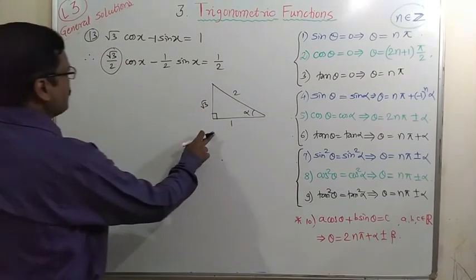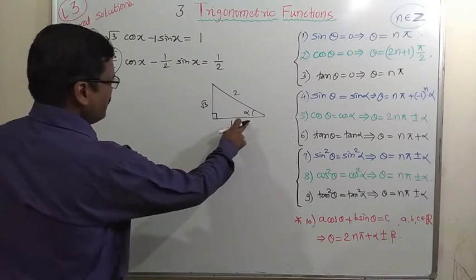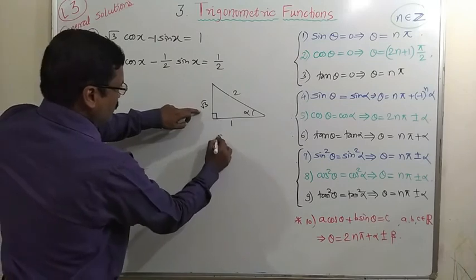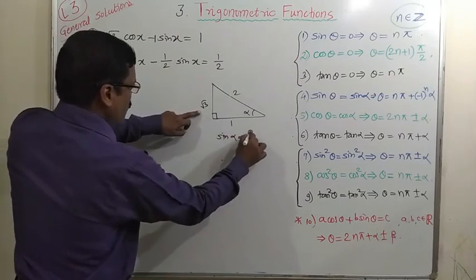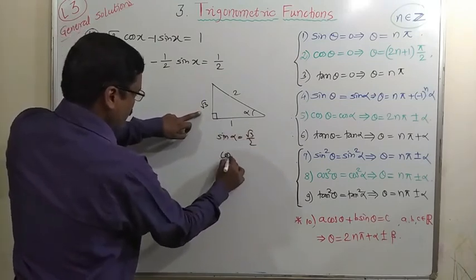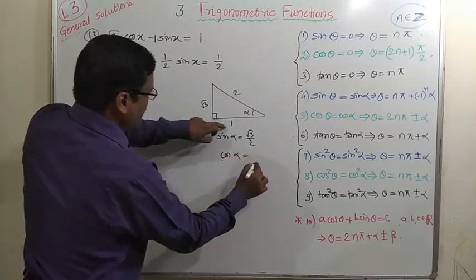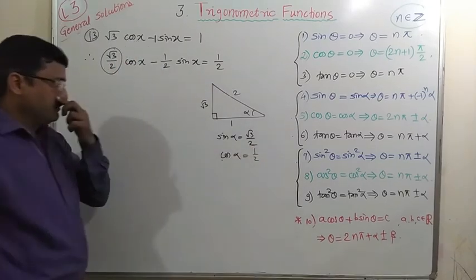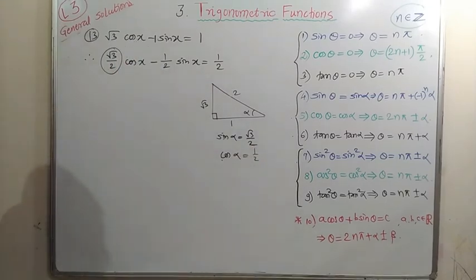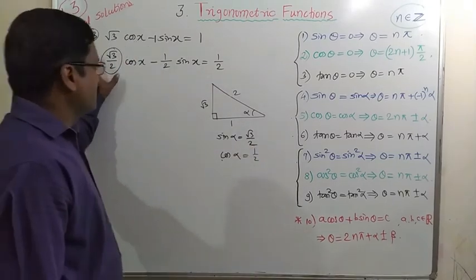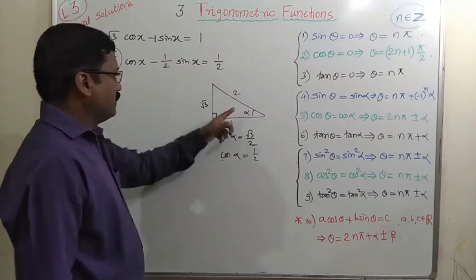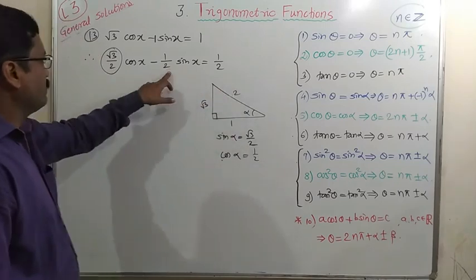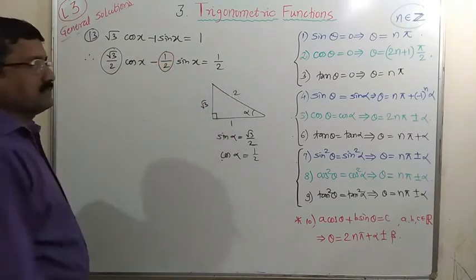In this figure we get sin alpha is equal to root 3 upon 2, and if you find cos alpha, then it will be adjacent upon hypotenuse, that is half. Is it clear to you? If you consider the ratio root 3 upon 2 as sin, then the remaining ratio becomes cos alpha equal to 1/2, that is this second constant.